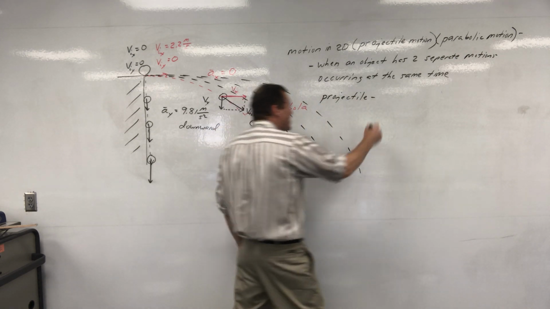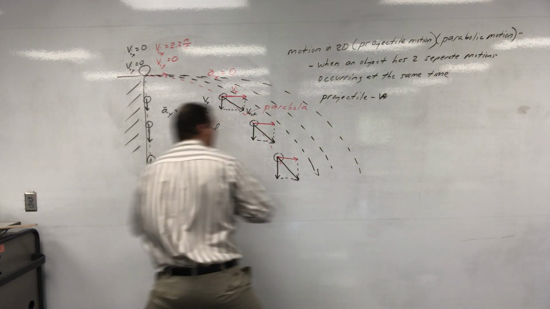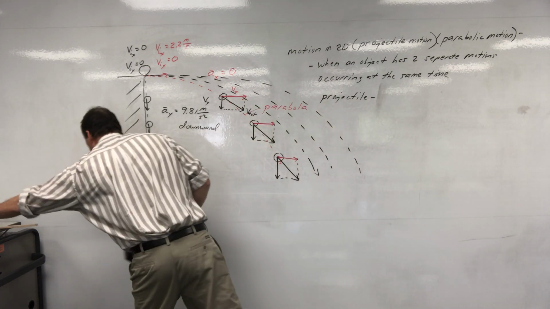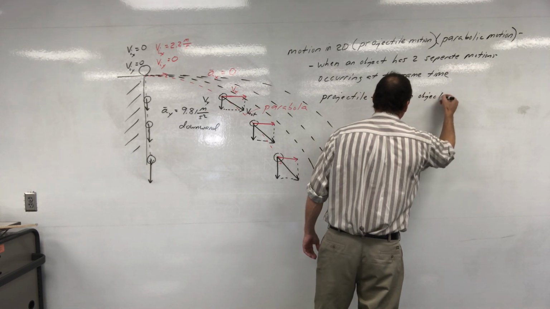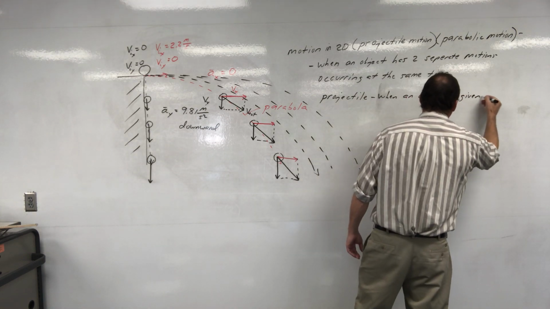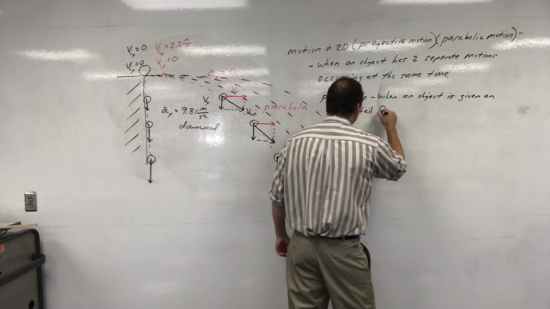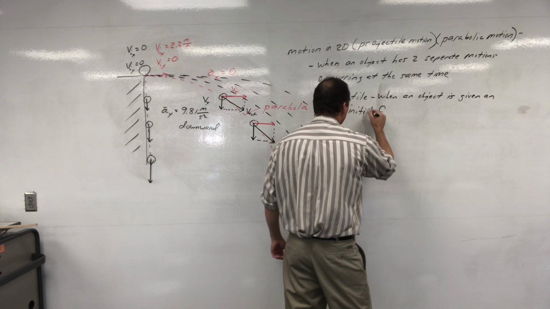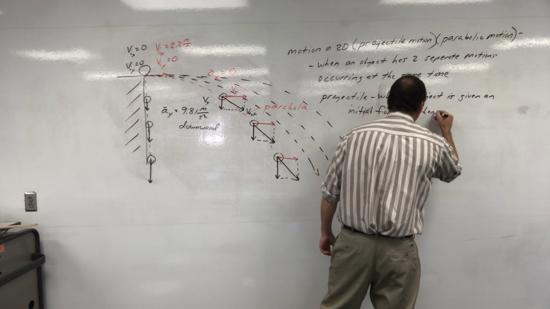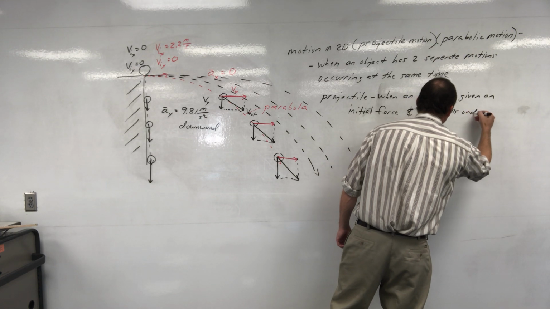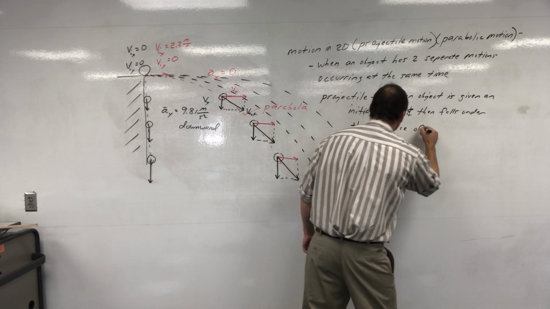A projectile is an object, or I should say, when an object is given an initial force and then falls under the influence of gravity.